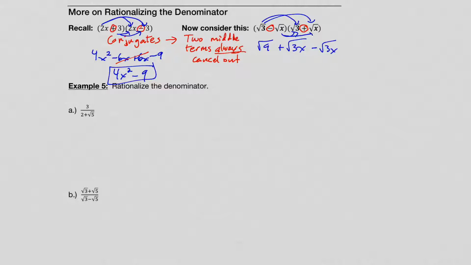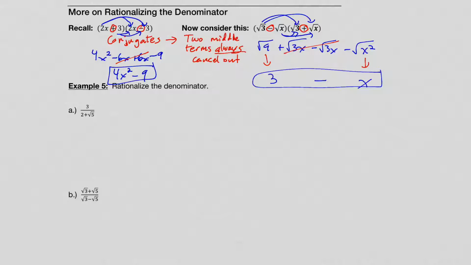And the last one will be x minus x squared. So again, these are conjugates, so guess what? The middle terms cancel out, leaving us with just these two perfect squares right here. 3 minus x. Okay? So notice that there's no radicals in the answer when there's conjugates.